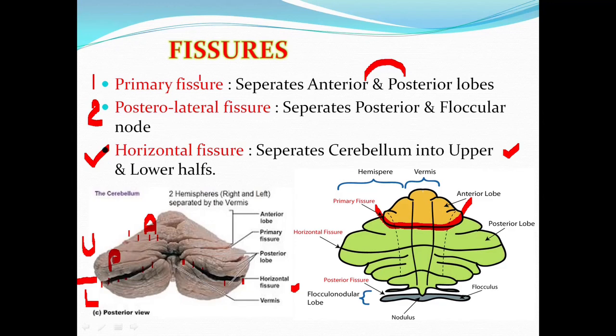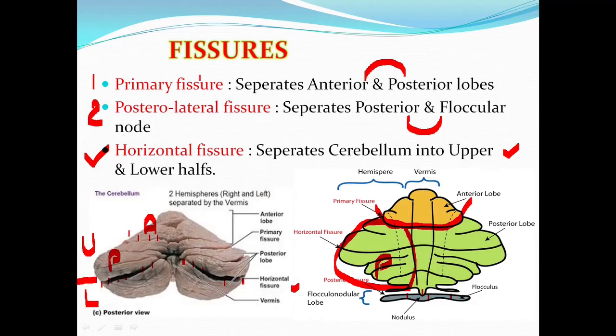The second point to remember is that the posterolateral fissure separates the posterior lobe from the flocculonodular lobe. We have a nodule in the vermis and a flocculus on either side. All these account for the posterior lobe. So the posterior lobe is intersected by the horizontal fissure, yes or no? Yes.